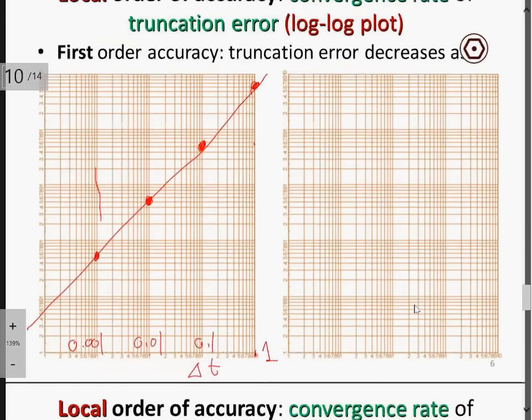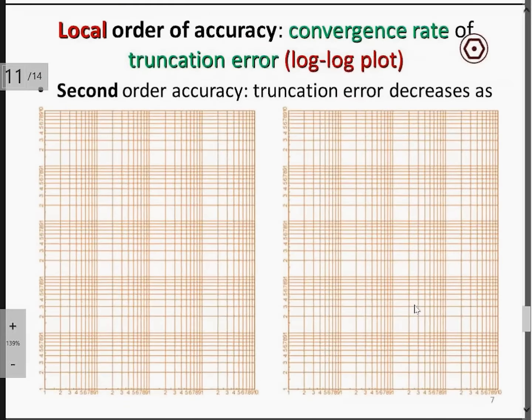This is first order accurate. How about a second order accurate scheme? Again, delta t is 1, 0.1, 0.01, 0.001 here, and again, I have a pretty large error at delta t equal to 1. What do you think the error is going to be at delta t equal to 0.1? Why should it be here?